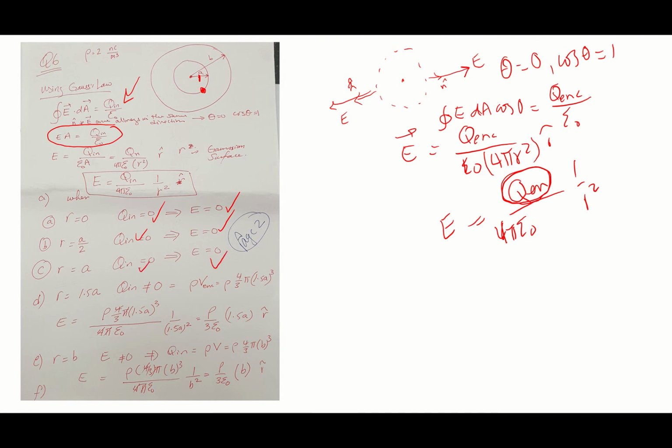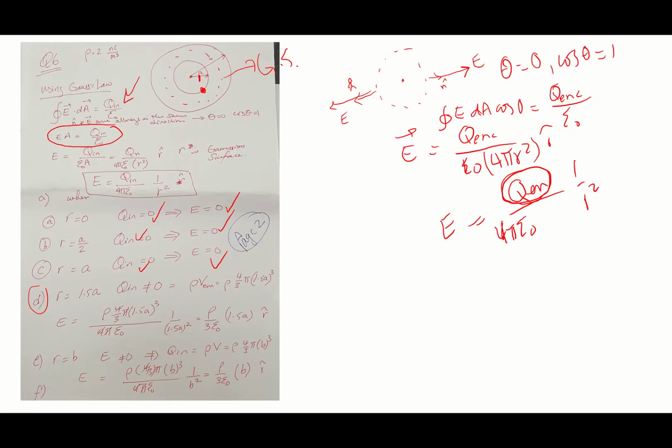Okay, now for part D, where I am somewhere here, 1.5a, that's where my Gaussian surface is. Then that means my Q enclosed, please notice, is not equal to 0, and it's equal to this part here.